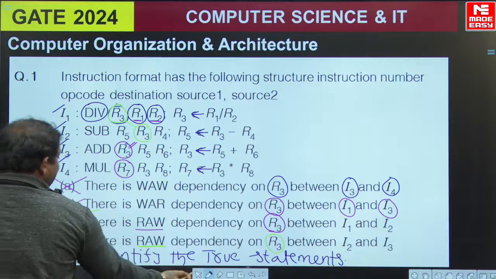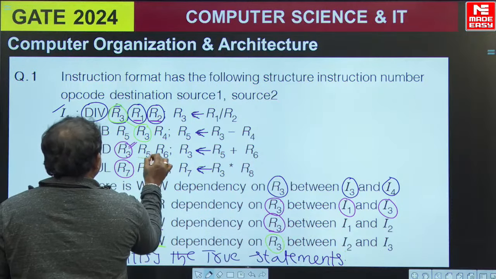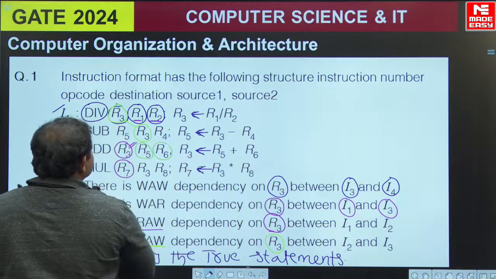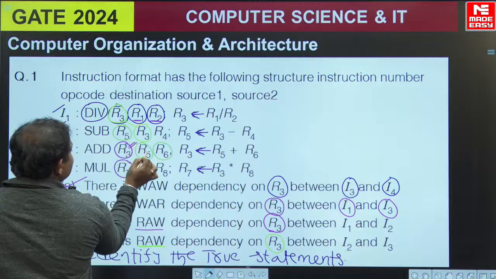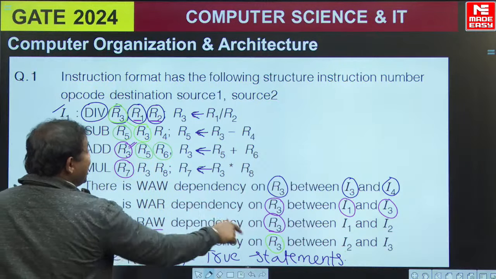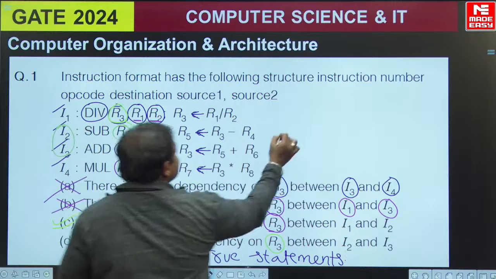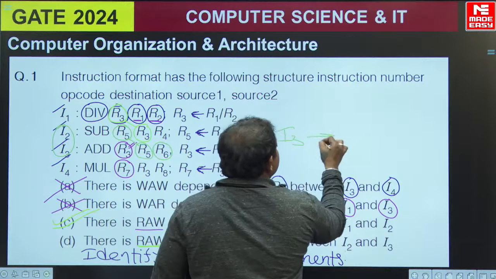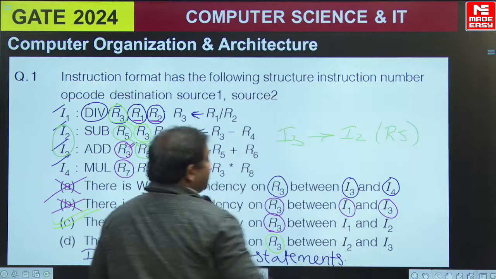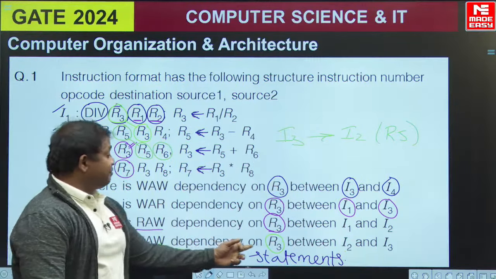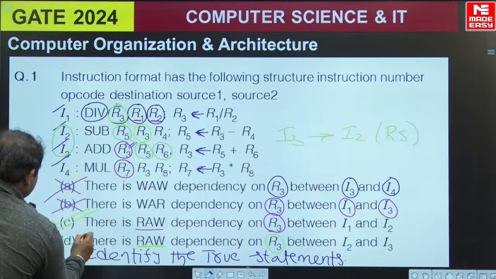Now see this: instruction I3 input registers are R5, R6, and instruction I2 output register is R5. So these are not matching with respect to R3. With respect to R5 there is a dependency, that means I3 is data dependent on I2 with respect to R5. But we need to identify the dependency with respect to R3. That's why this statement is false.